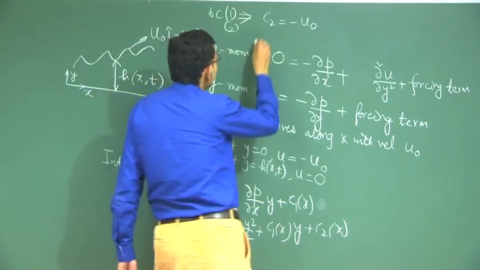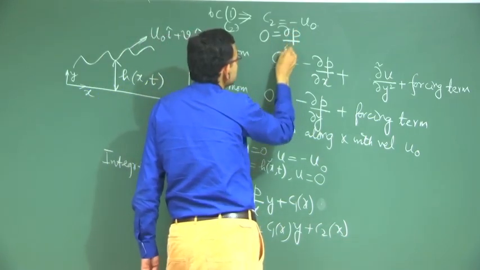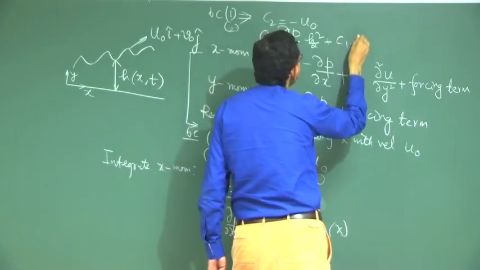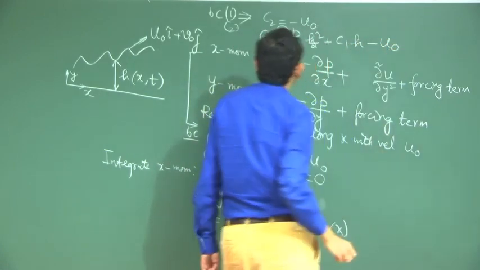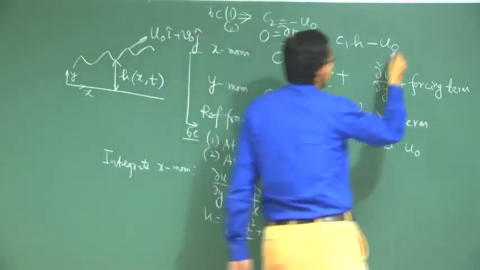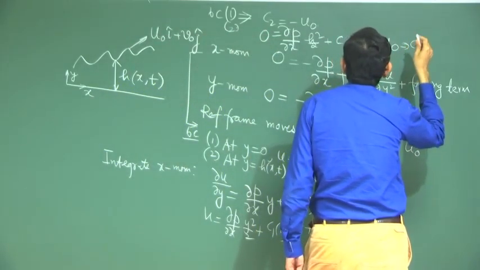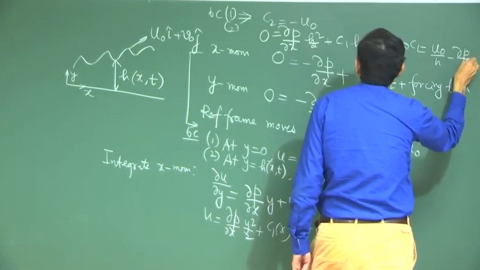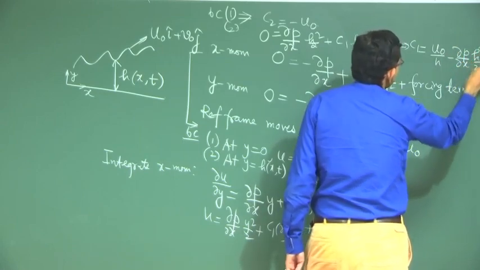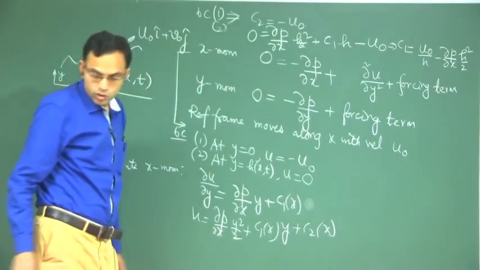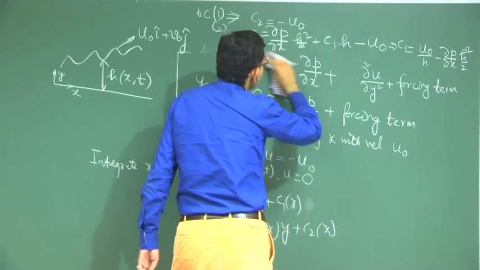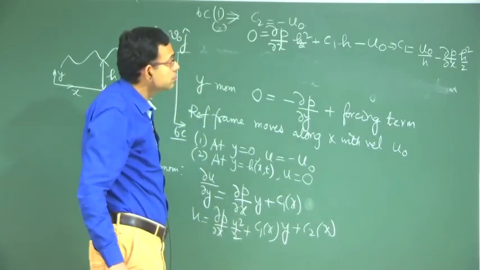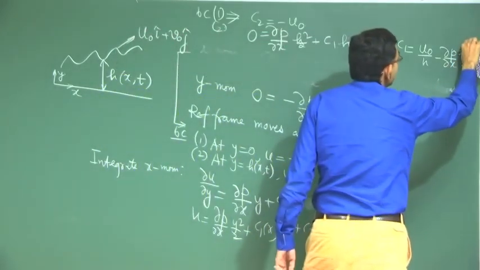So, 0, that means that C1 is u0 by h minus this one. So, we can... h by 2, right, h by 2.